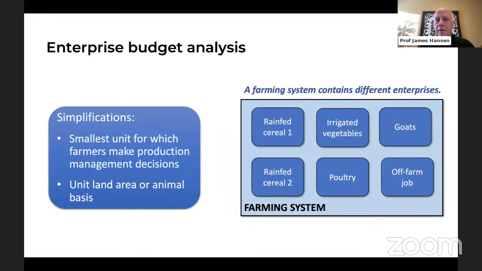The farming system may contain many different enterprises. And results are also expressed on a unit land area basis or unit animal basis. This makes the enterprise budget analysis relevant for a range of farmers in a given location.